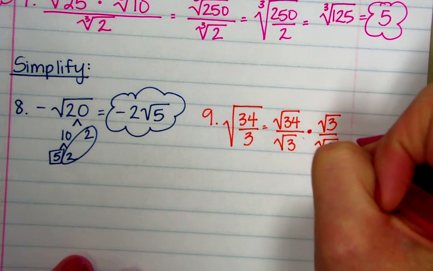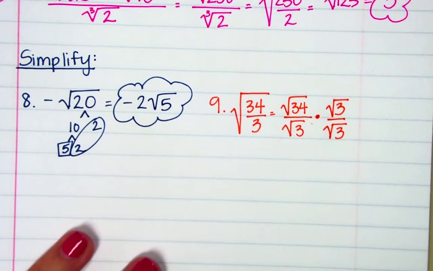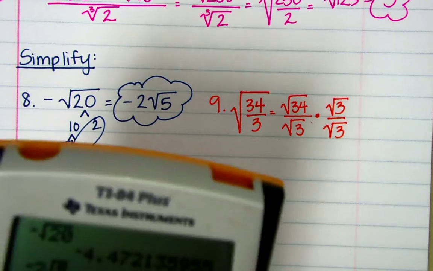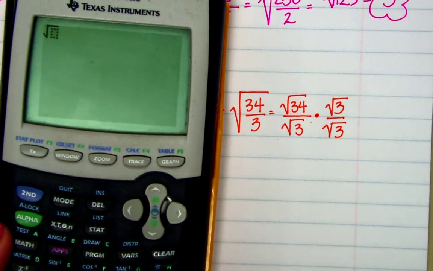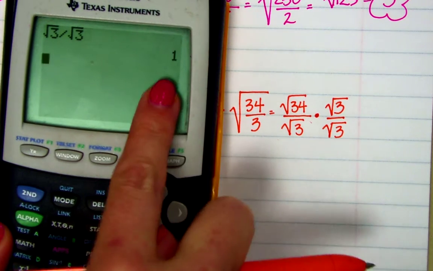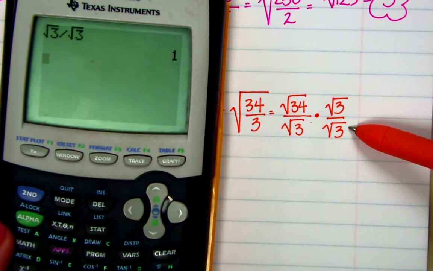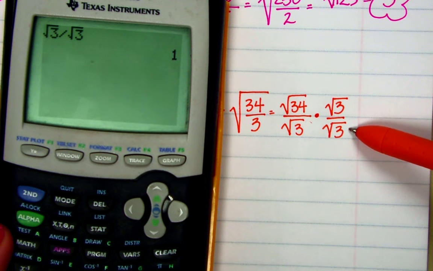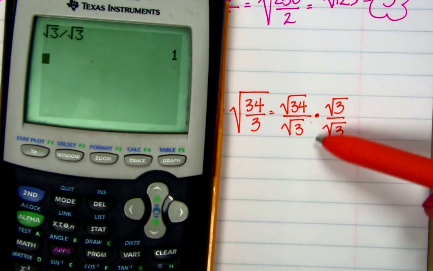If I multiply by radical 3 divided by radical 3, well, what's anything divided by itself? 1. And I'll show you. Radical 3 divided by radical 3 is 1. So if I multiply by this divided by this, it's still multiplying by 1. I'm not changing the fraction, I'm just changing the format.